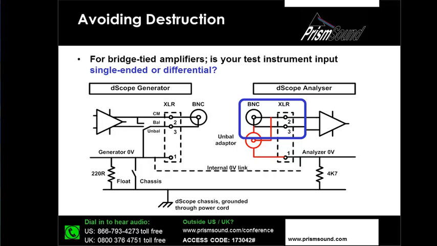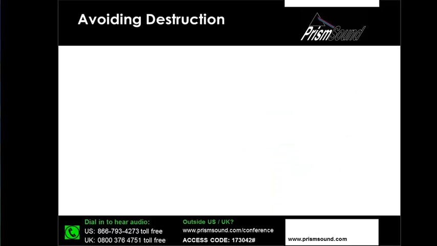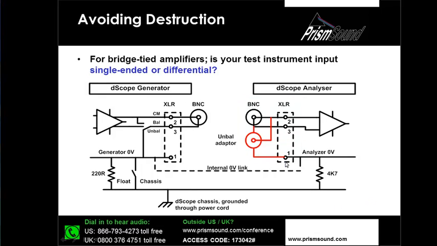So, in other words, the BNC inputs operate differentially by default. There may be situations where you want to use a ground-referenced unbalanced input, in which case we have this red adapter here that plugs into the instrument, but don't plug it in if your amplifier is a bridge-tied load design. Okay, so that's something to consider at the measurement instrument input.